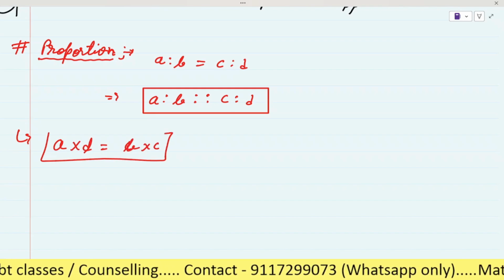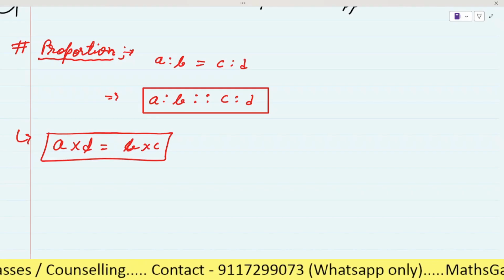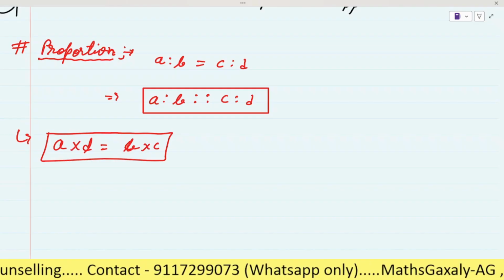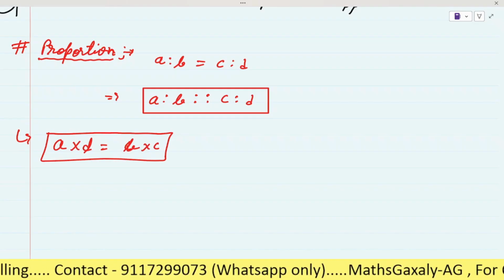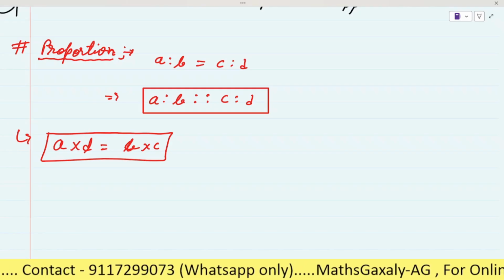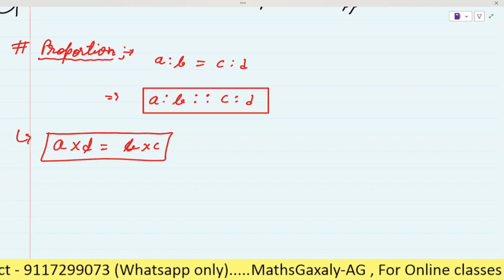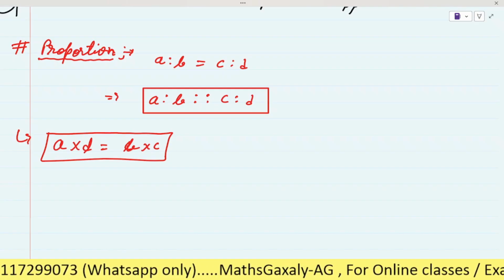By this formula, you can find the value of anyone when the other three are given. When the three are given, then you can find the value of the fourth one. Is it clear?